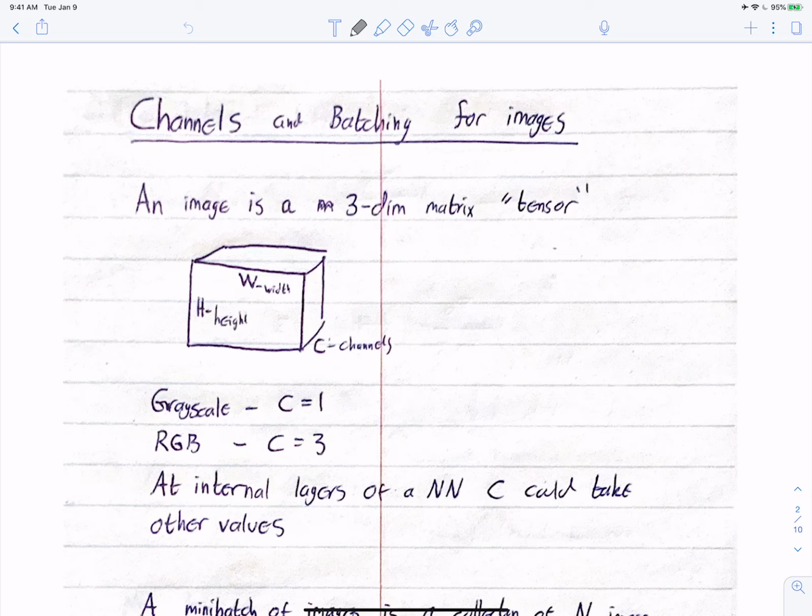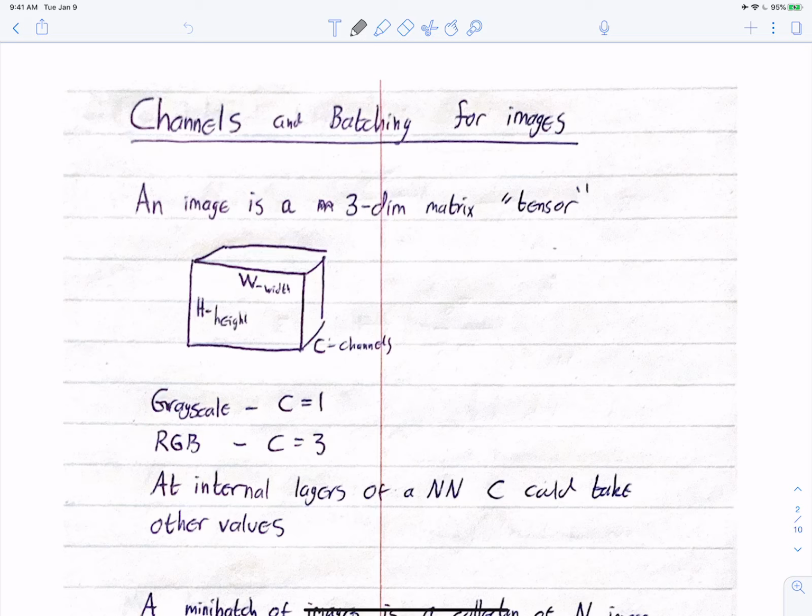If we had a color image, then C would be 3. And all of the internal layers of a neural network are generalizations of this. They might have different heights and different widths, and they might even have a different number of channels. So these could all have different values.